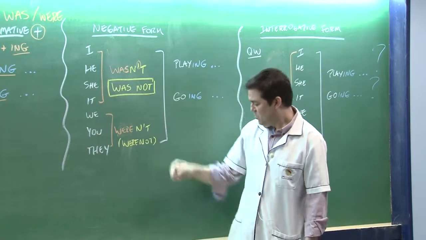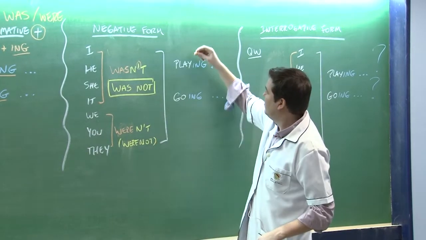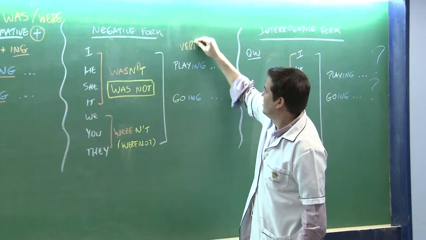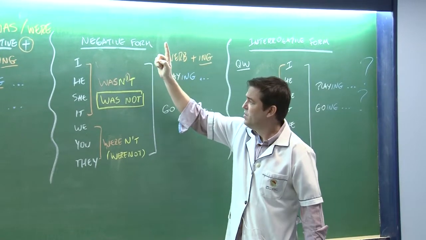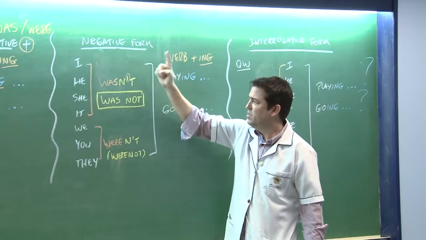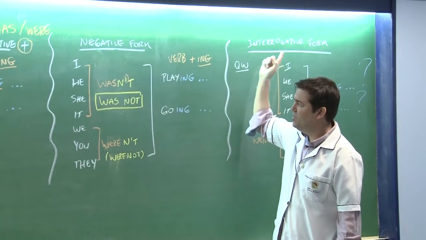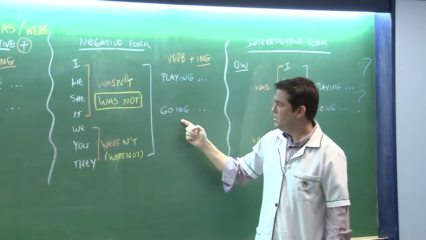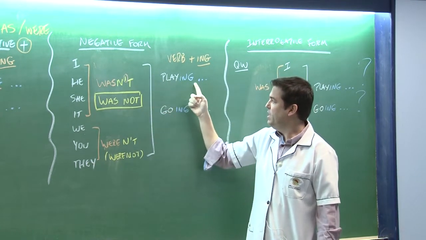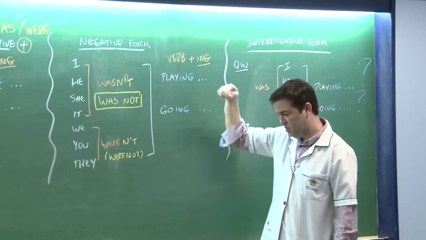All right? So the same as there, I have here verb plus ing. Always for past continuous in the positive, negative, and question, we have verb plus ing in this structure here. I was playing, I was going, and so on.